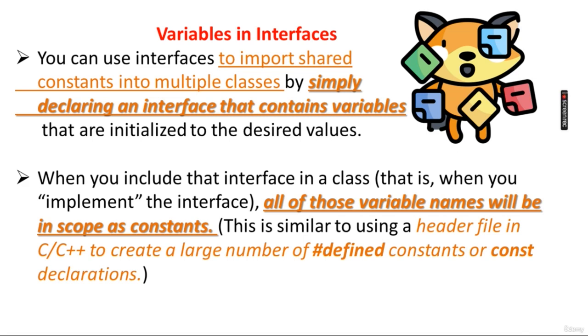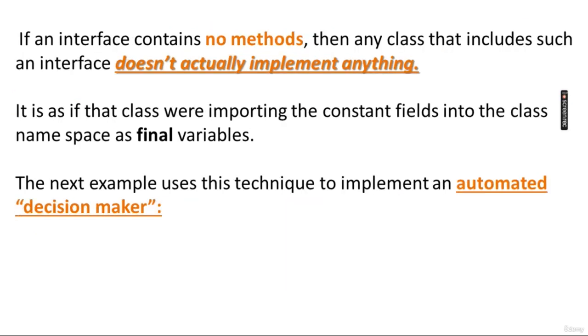In C and C++, what we were doing was declaring a constant with a capital-letter #define constant. The same can be done using interface constant variables. If an interface contains no methods, then any class that is implementing that interface does not actually implement anything. It is as if that class were importing the constant fields into the class namespace as final variables.